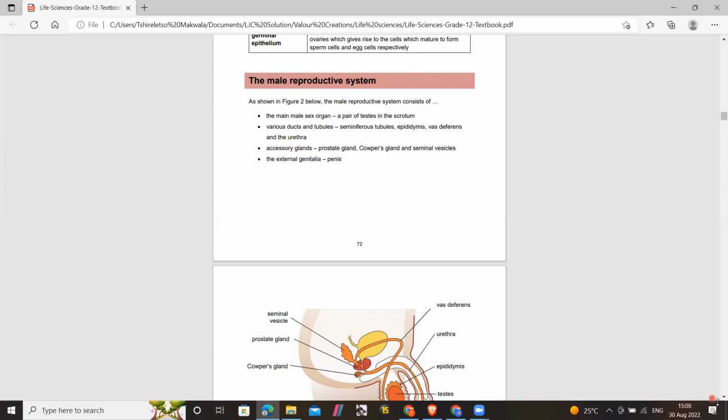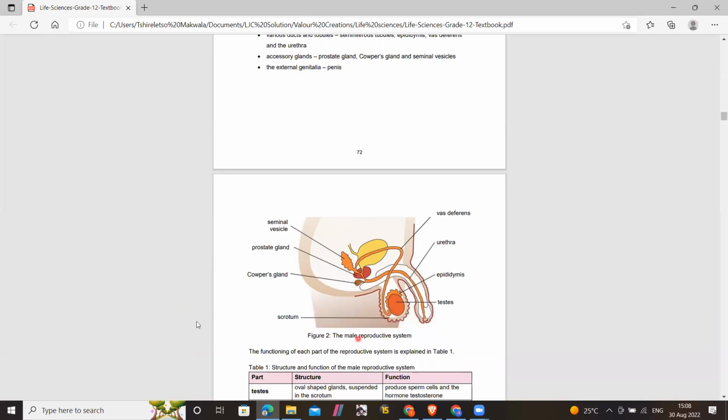So here, as you can see, this is the drawing for the male reproductive system, right? And you'll see the testes are the main organ for the reproductive system, right? This is the main sex organ for the male, right?